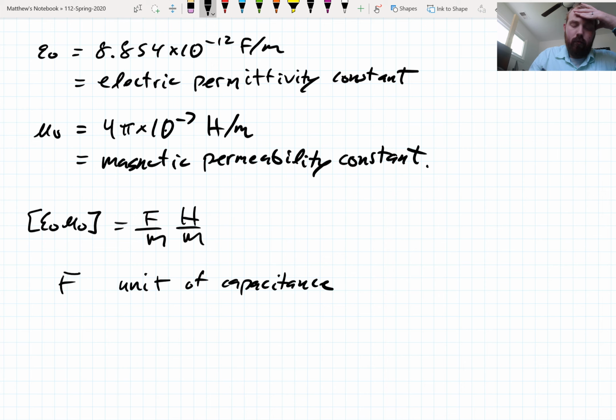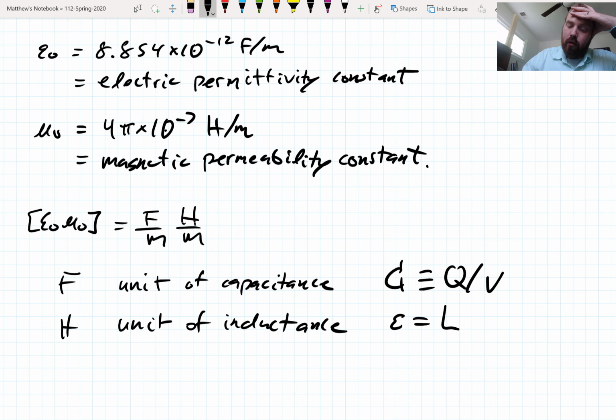If you want an equation, remember that capacitance was defined as the charge per voltage. A henry is the unit of inductance, our last section. If you want an equation, remember that an EMF, this comes from a modified Faraday's law, is L, change in current, change in time.